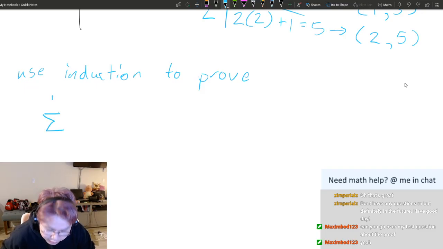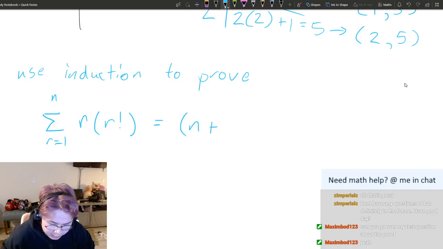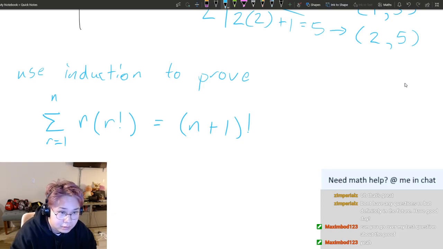The sum from 1 to n of r times r factorial is n plus 1 factorial minus 1 for natural numbers.